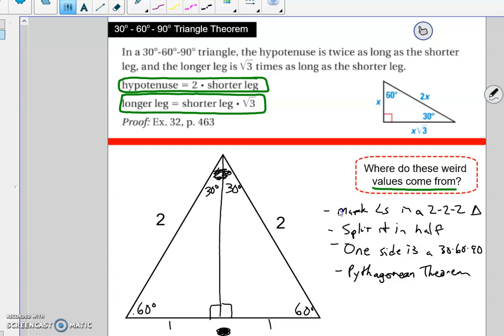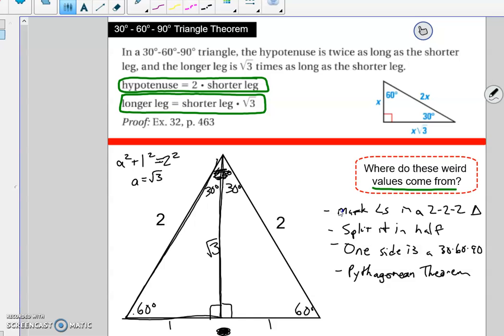If I take this middle value, this altitude, as a squared, and I add it to b squared, so 1 squared, and I say that's equal to c squared, which is 2 squared. So a squared plus 1 squared equals 2 squared. I end up getting a value of the square root of 3. Okay, so this altitude in here is square root of 3.